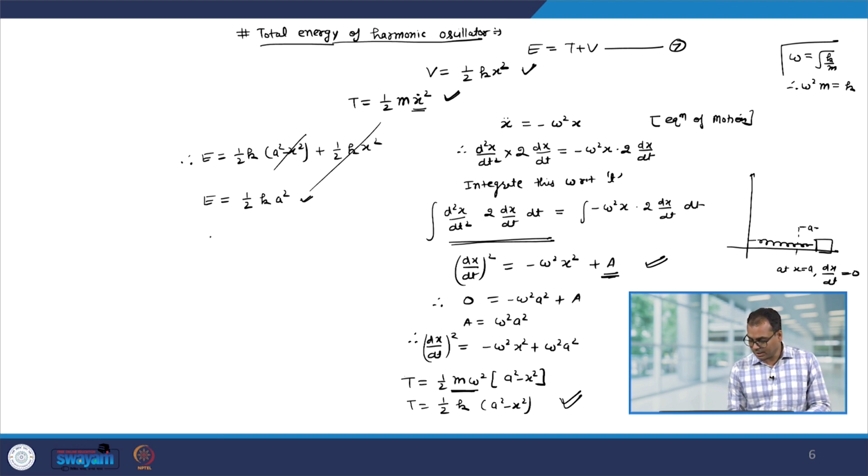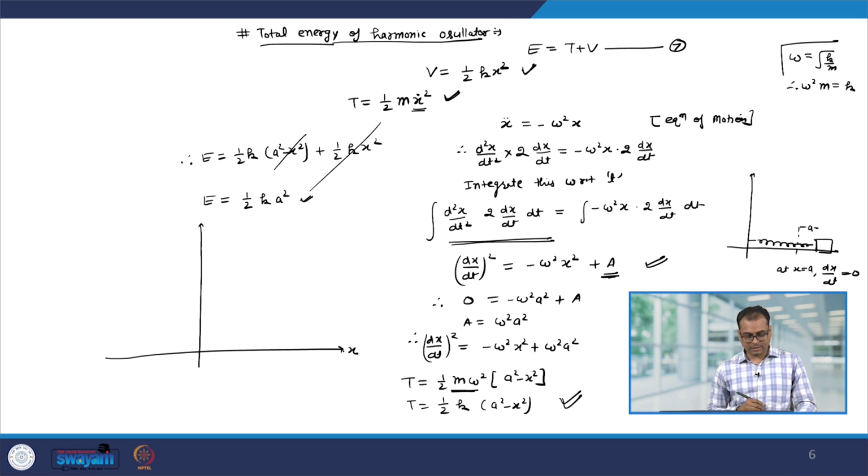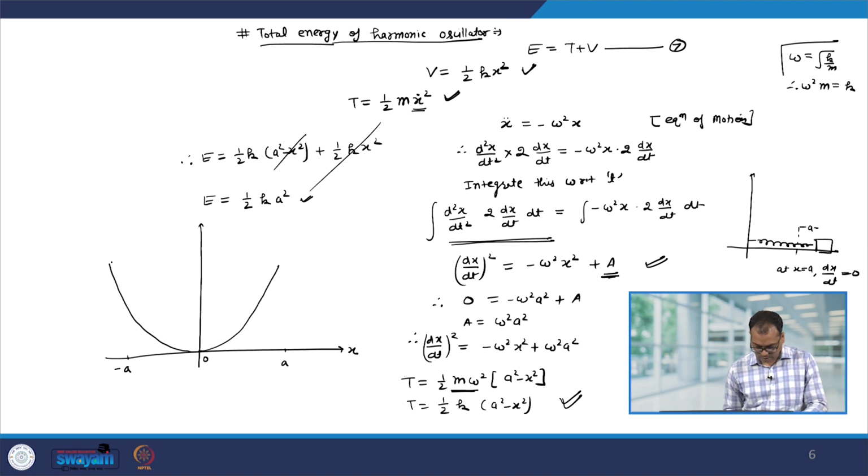Let us plot the kinetic energy, potential energy and total energy as a function of x. So, we have x and the maximum value of x is plus a or minus a. Half k x square is a parabola. Okay.